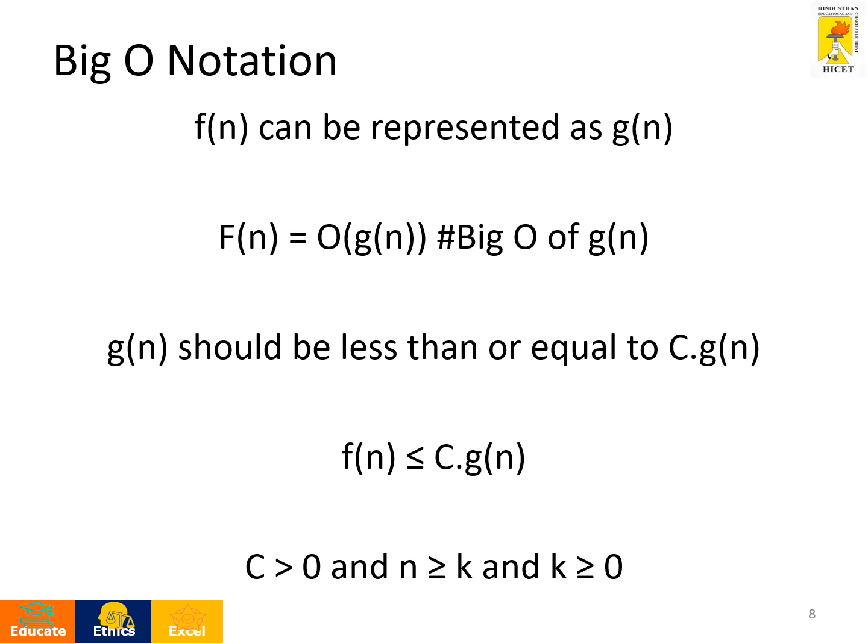Therefore, f of n is less than or equal to constant c into g of n squared. So 2n squared plus n is less than or equal to c into g of n squared.